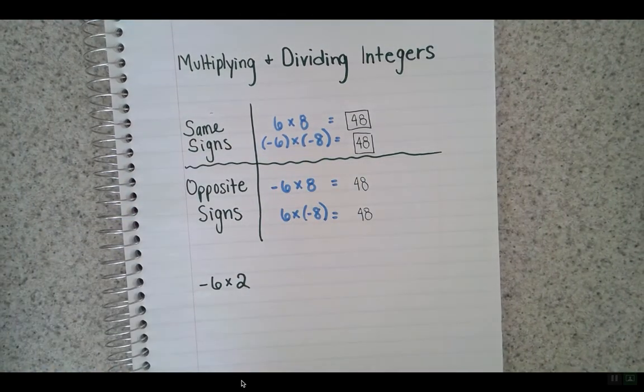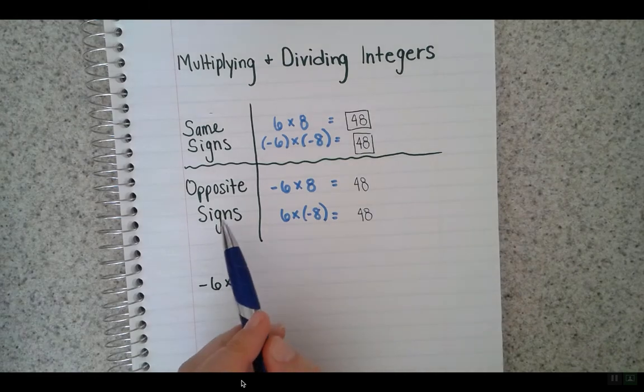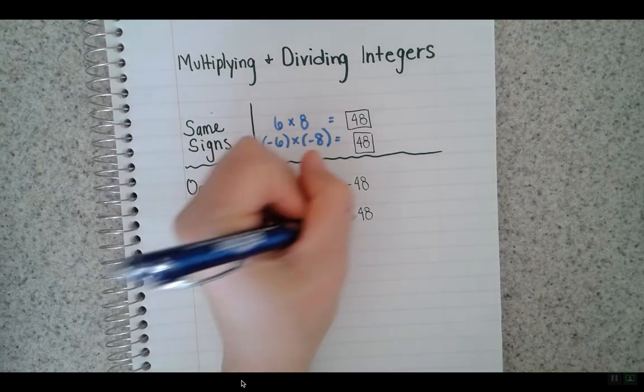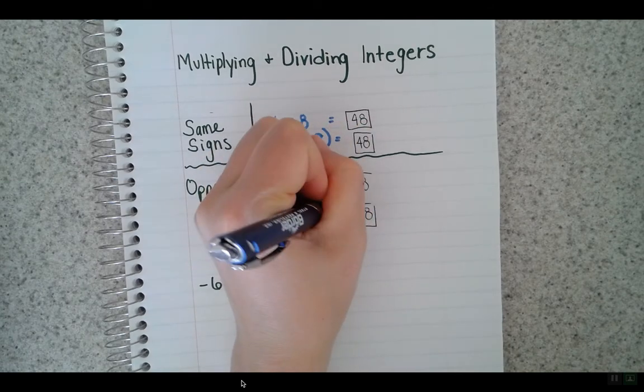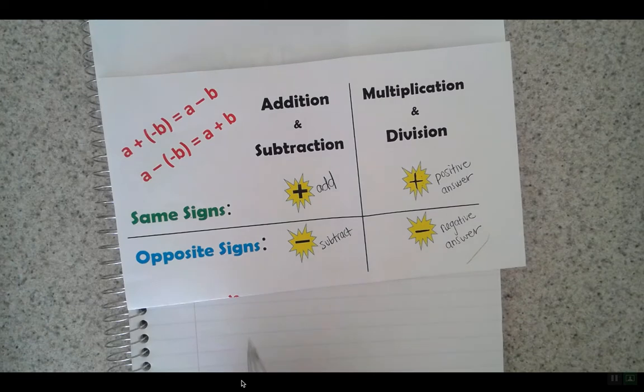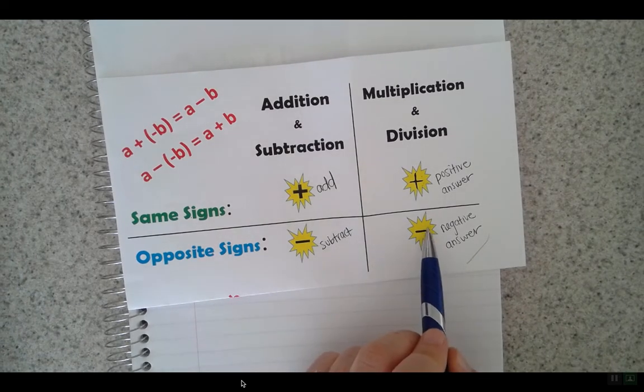And because it's an opposite signs problem, the answer will always be negative. Okay? Whenever you approach an opposite signs multiplication or division problem, your answer will always be negative.